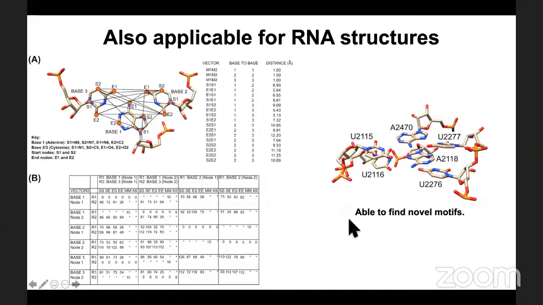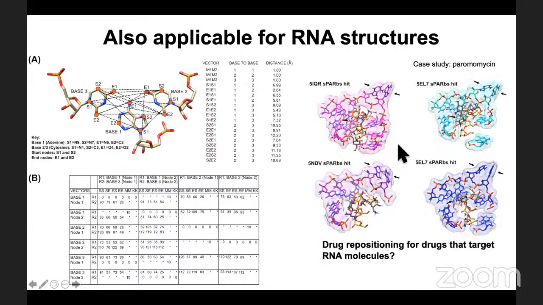And this is actually at an intersection of 3 domains in the large subunit of the ribosome. So clearly, this is very highly conserved, and we've managed to find it in almost all bacterial ribosomal structures.